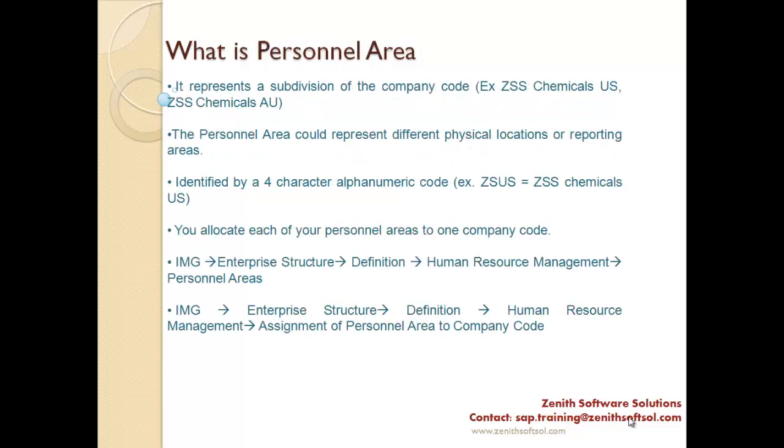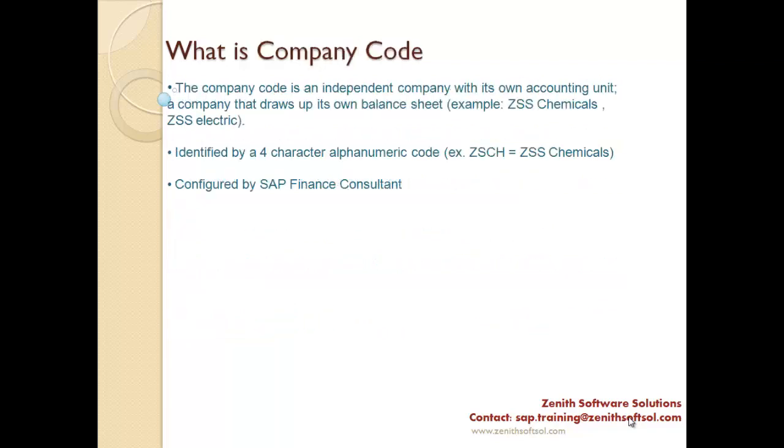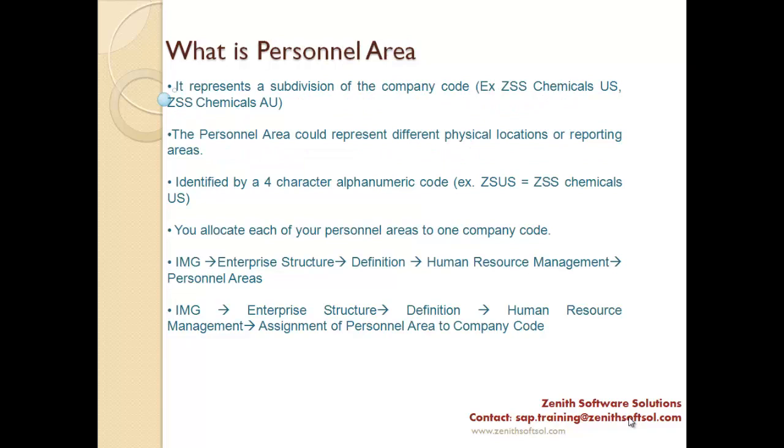So what is personal area? Personal area is a subdivision of the company code. In the previous slide, I have given an example: company code is like ZSS Chemicals. It's a company code. And ZSS Electric, that's a separate company code. Now personal area is a subdivision of the company code, like ZSS Chemicals US, ZSS Chemicals Australia.